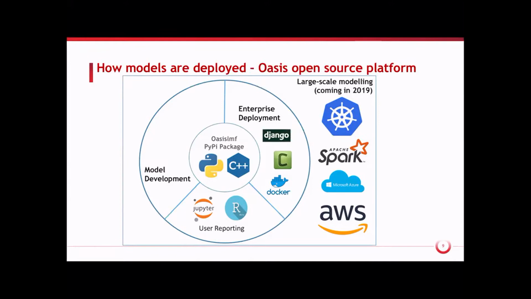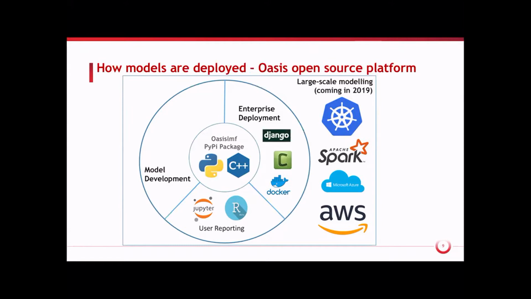And the thing that's particularly powerful from our perspective is that some of the models we work with have their own set of custom software components, very specific methodologies that the modelers have their own code for. The use of Docker containers means that we can package pretty much any software assets and deploy them into the Oasis system. So that's been a very powerful aspect.